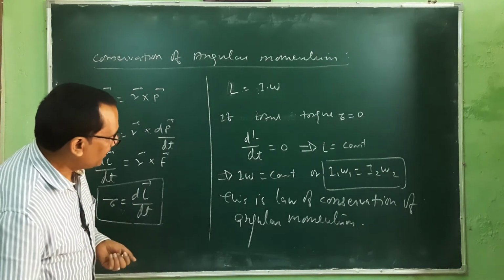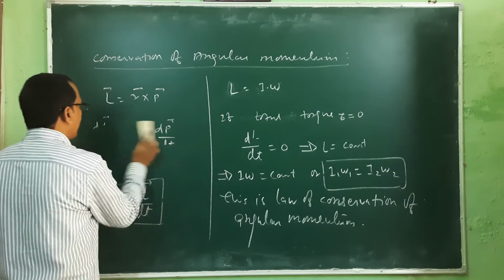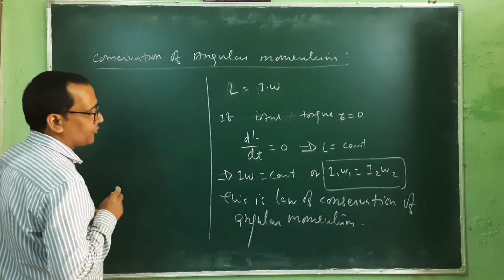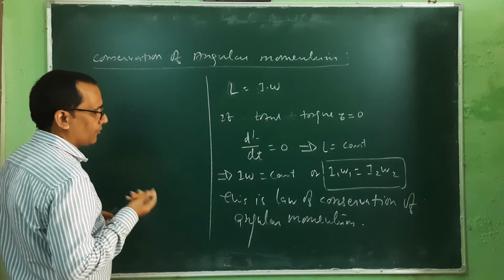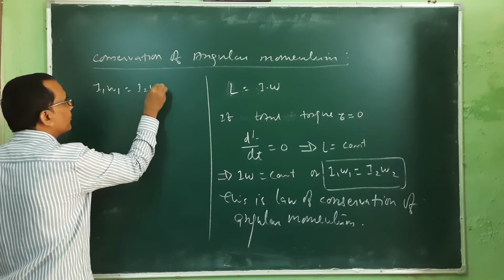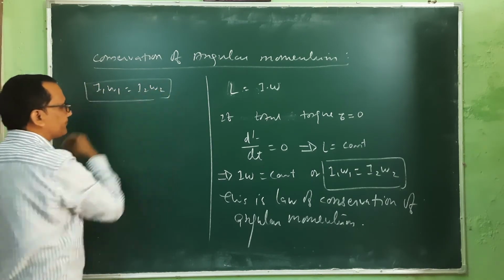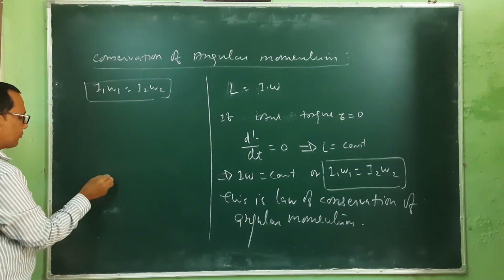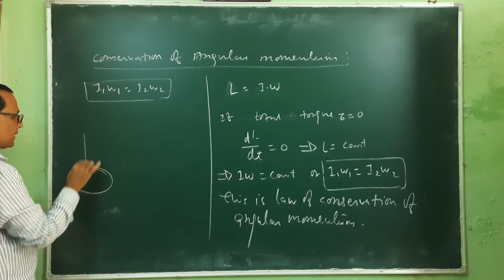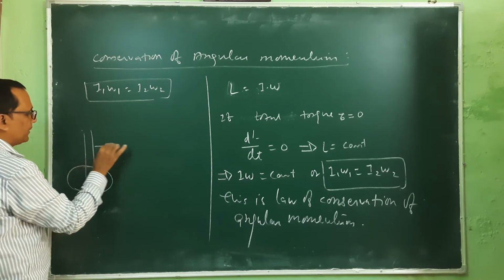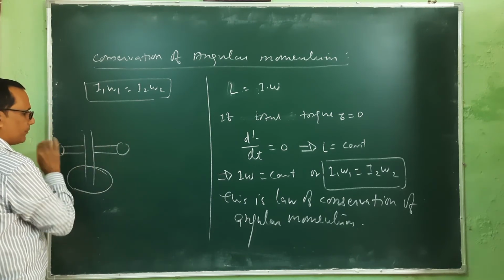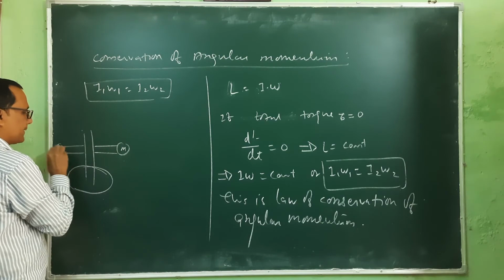And some examples or applications of this particular relation I1 omega 1 are used in rotational systems. So let us use I1 omega 1 is equal to I2 omega 2 in our daily life examples. Suppose this is a rotational disk, and one person is standing somewhere here with extended arms, holding a dumbbell, with body of mass m, and it is rotating.